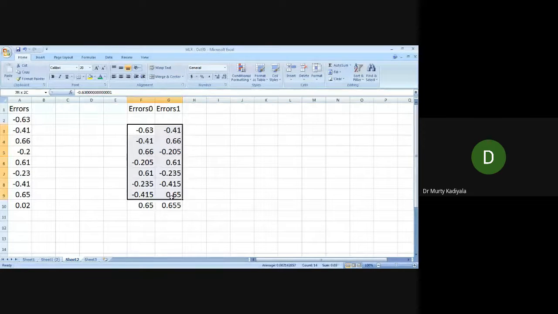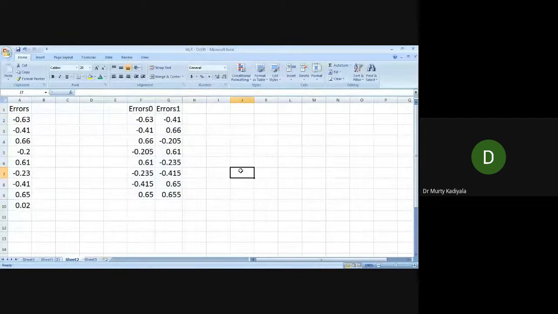Now you have two series. When you have two variables, can you find correlation? When you have two series, can you find correlation? Yes, sir. What is the formula for correlation?